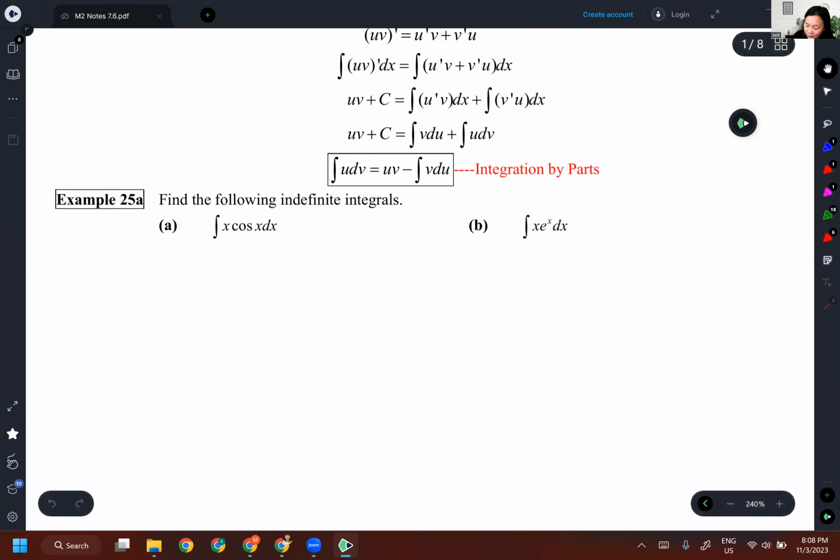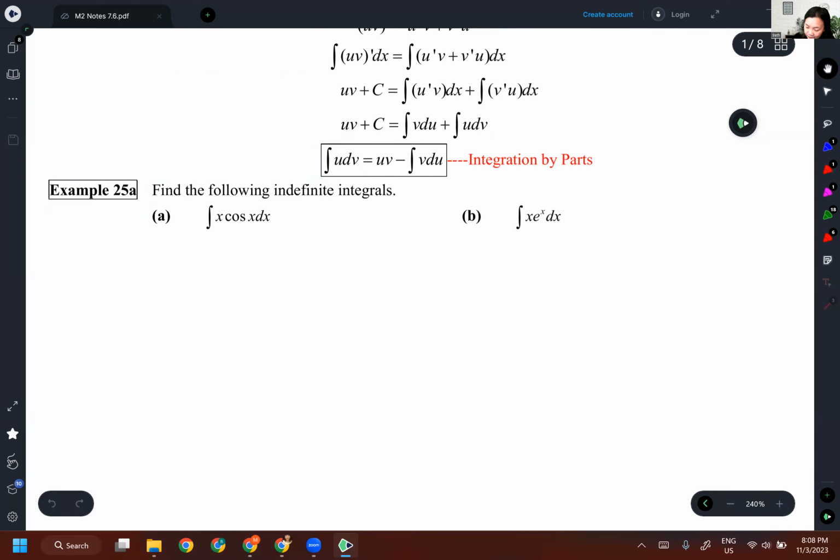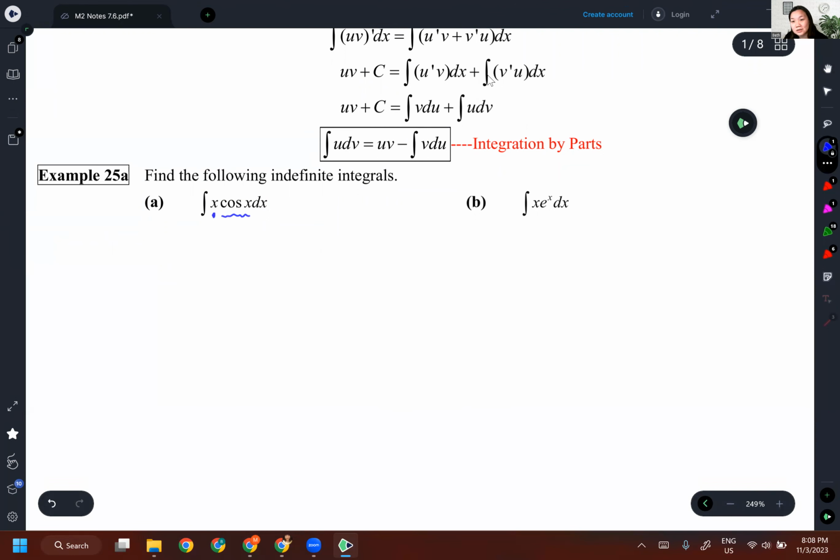So in this first example, 25a, you can see x, a polynomial, and cosine x, a trigonometric function. That is a clear sign that it's a mixture of two basic functions. To integrate directly, I don't think there's a way.